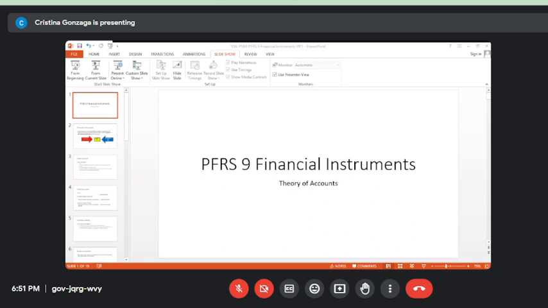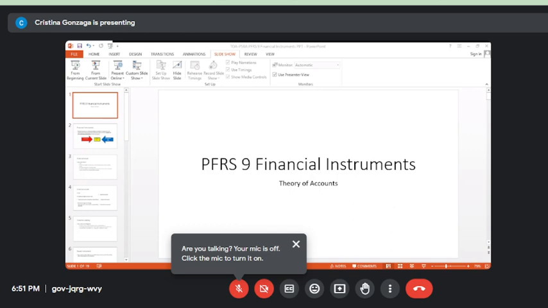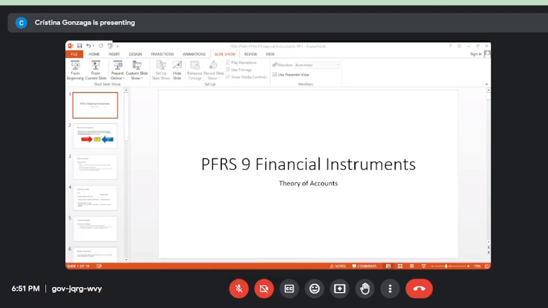So, business model is determined by the entity's key management personnel, ibig sabihin yung nasa managerial position. An entity's business model refers to how an entity manages its financial assets in order to generate cash flows. So, business model test under PFRS 9 includes the following.